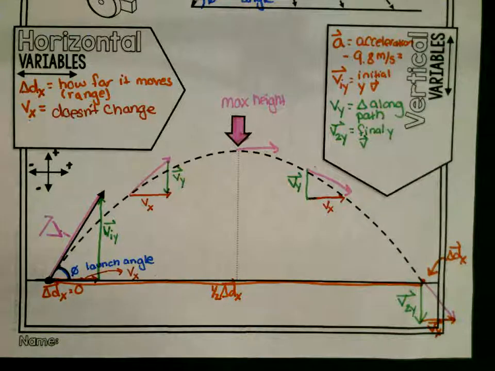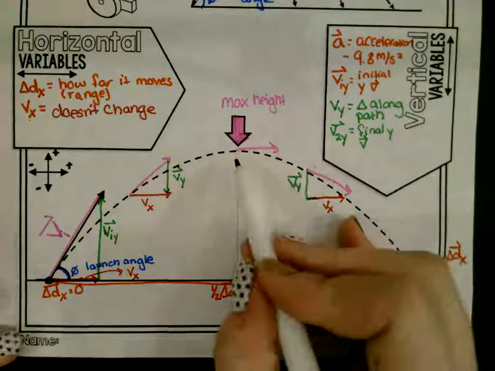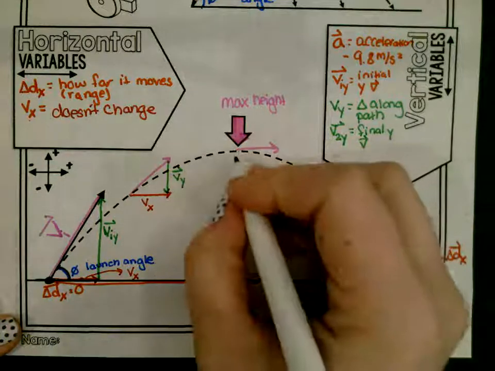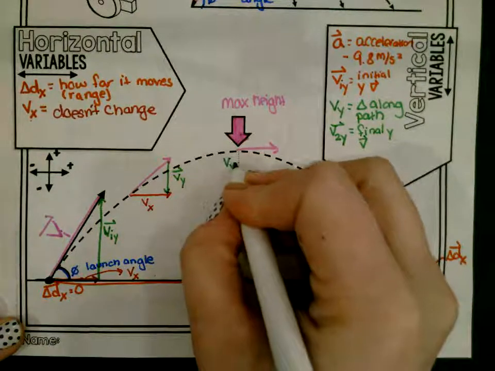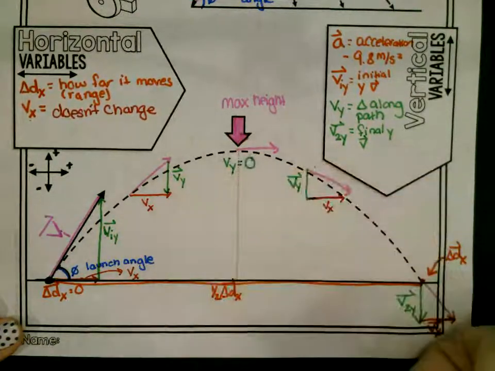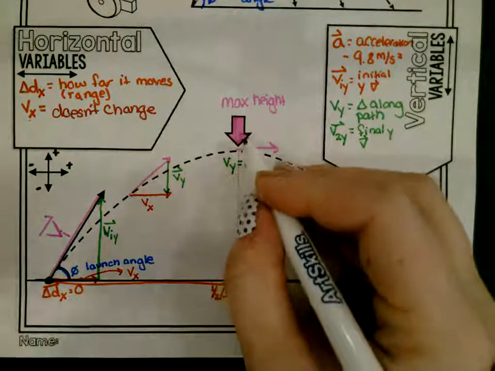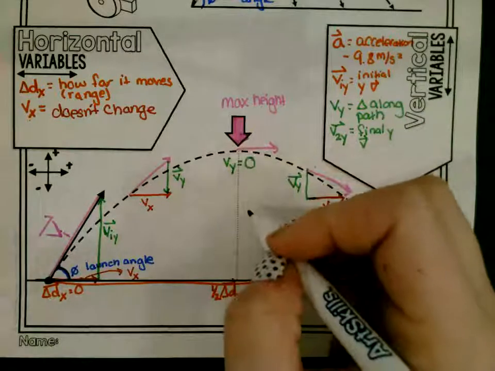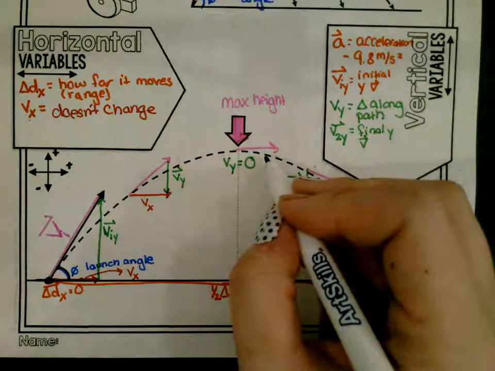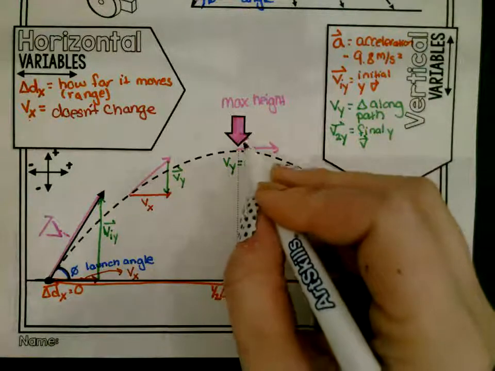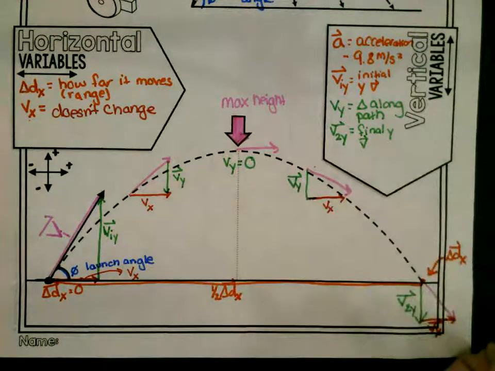It still has velocity when it hits the ground. What's really important here, though, is that we notice something. And this vector right here is straight along the x-axis. So when we reach this max height, our velocity of y is 0. Because there's no vertical components here. It's only traveling horizontally. So for this one moment in time, our velocity going up and down is 0.